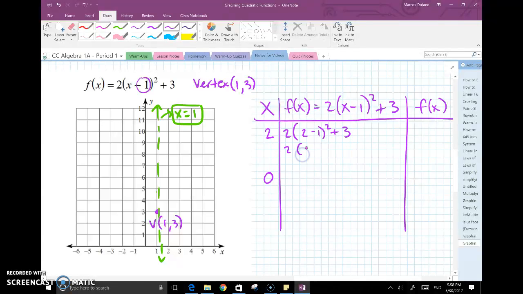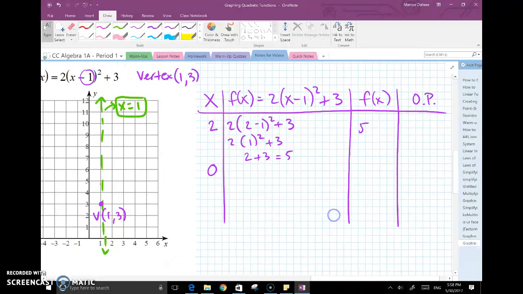This is 2 times 1 squared plus 3, so this will be 2 times 1, which is 2, plus 3, which is 5. That's my output and my ordered pair, 2, 5.